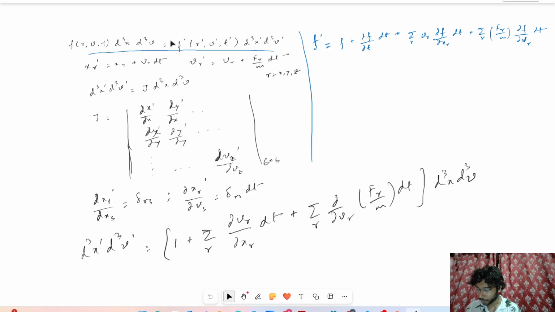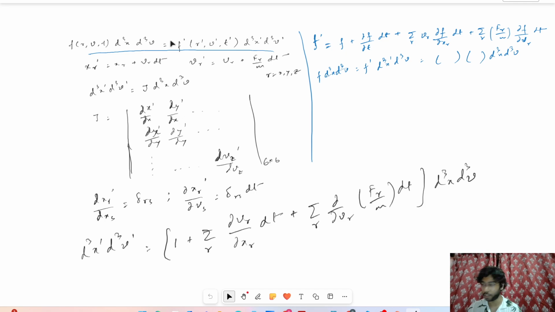So f d3x d3v is equal to f prime d3x prime d3v. f prime is gotten from the above equation, and d3x prime d3v has some part in d3x d3v.